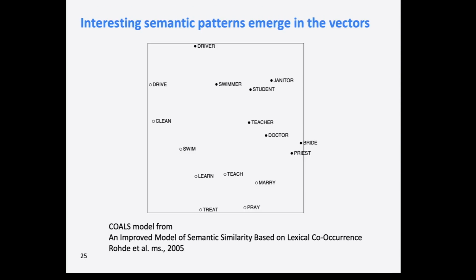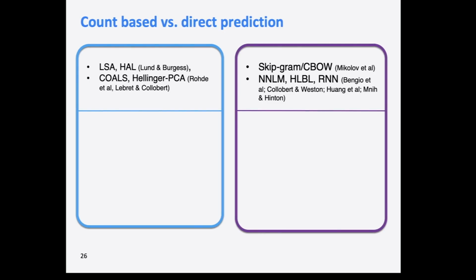That was actually the starting-off point for our work on GloVe. Essentially there had been two schools of work. One school had been explored more in cog-sci than anywhere else, based on counting and transforming counts.